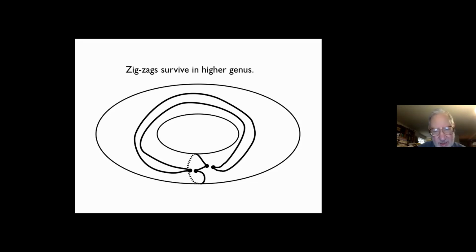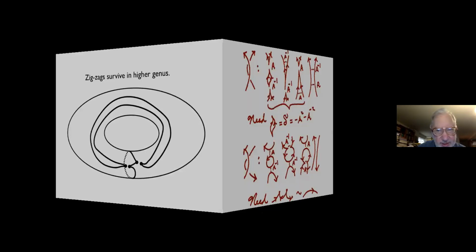And as you see, the meridional loop has zigzagging in it, and it is matched by another loop which goes all the way around from one side of that loop to the other. When you have the Jordan curve theorem acting, and every loop divides the space into two pieces, this won't happen. And as a result, the zigzagging can't actually occur in the plane, but it can occur in higher genus.